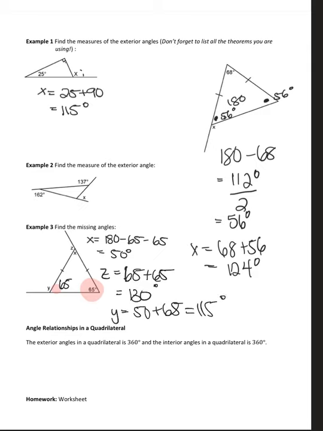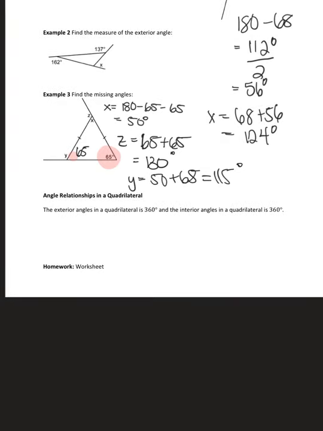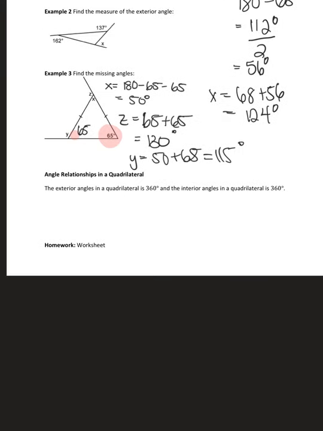So our angle relationships in quadrilaterals also have specific rules. So these were triangle rules, but now let's talk about 4-sided shapes. Basically, all you need to know here is that the exterior angles in a quadrilateral is 360 degrees, but so is the interior angle.